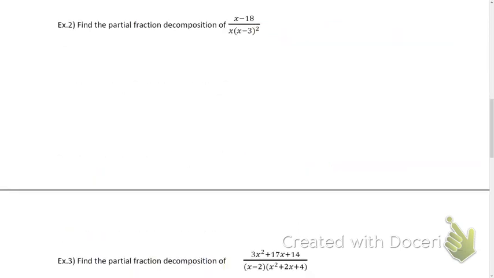So starting from scratch, I see my factors are x, x minus 3, and x minus 3 squared. So when I write my equation, I'm going to have 3 fractions.